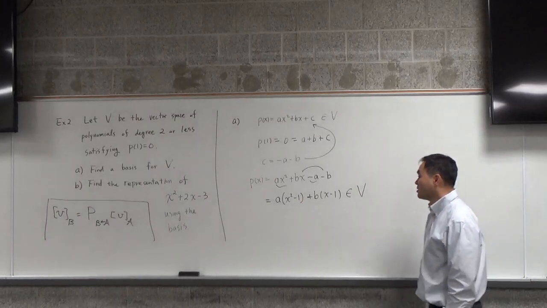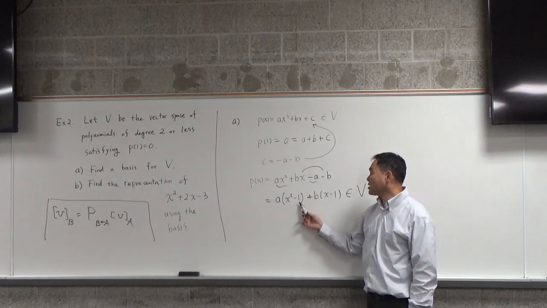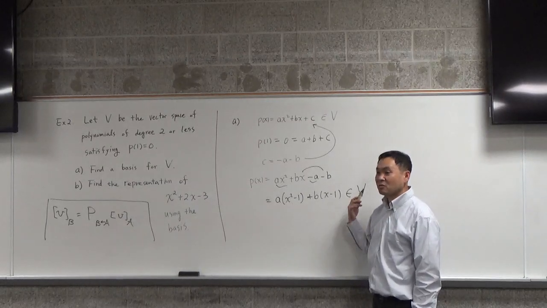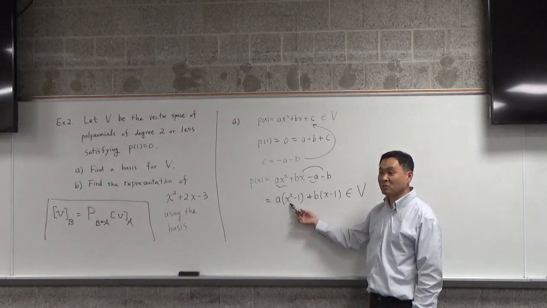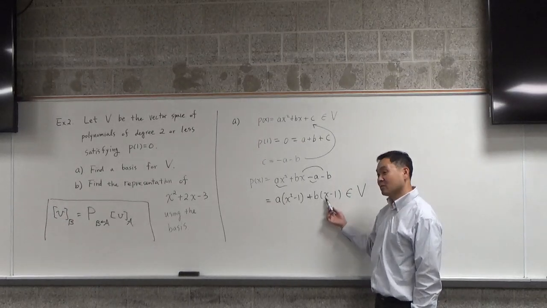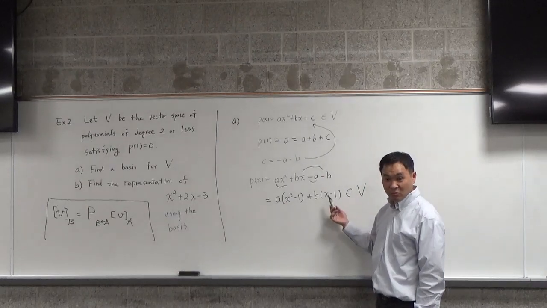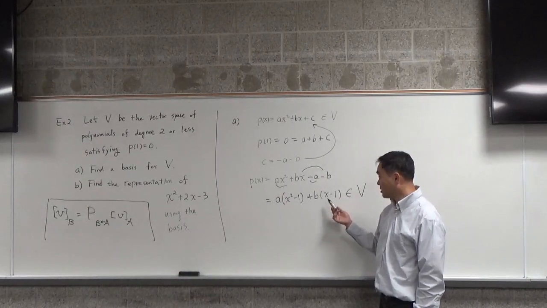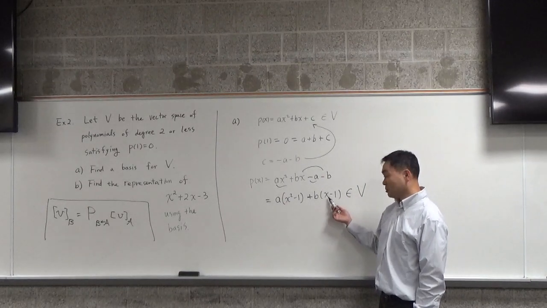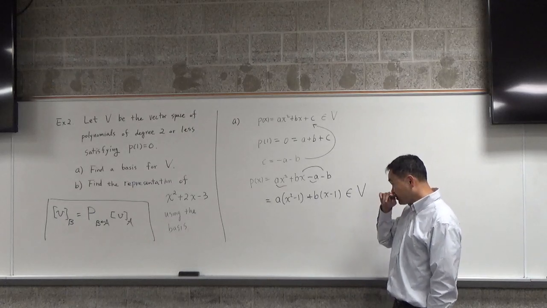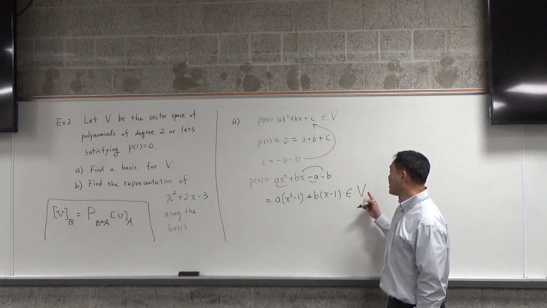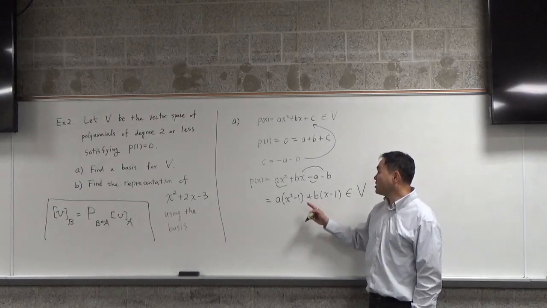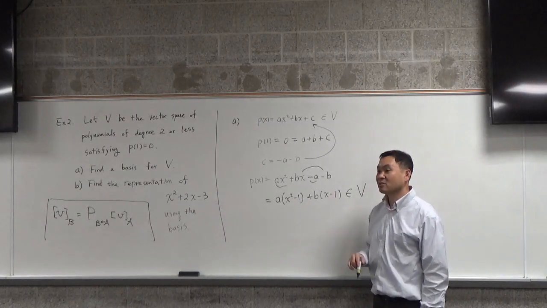But now look, x squared minus 1 itself is in V. Do you agree? It's second order or less, and if you plug in 1, it's 0. How about this one? x minus 1 is also in V. It's first degree, so it's less than or equal to 2, and if you plug in 1, it's 0. So what I just showed is that any element in V is a linear combination of these two vectors.